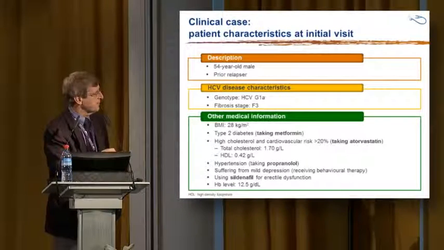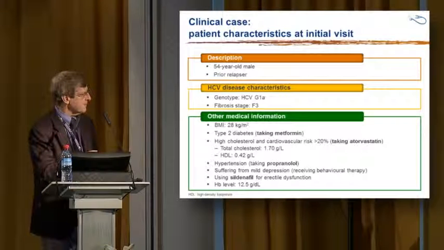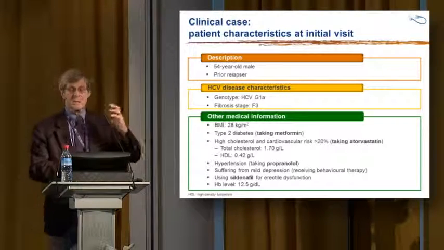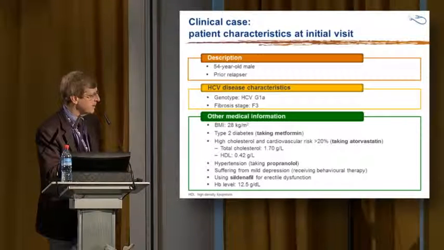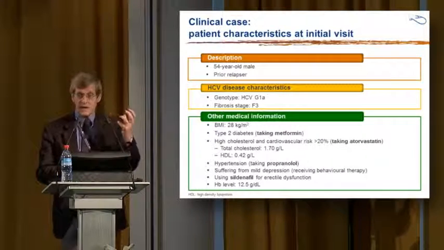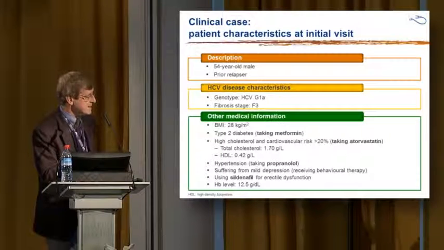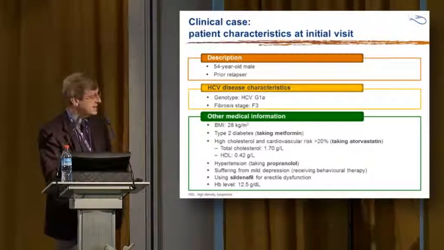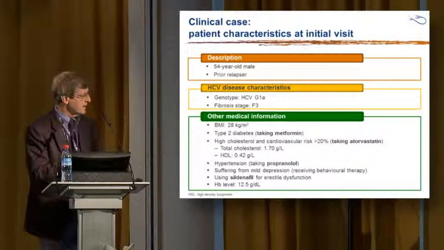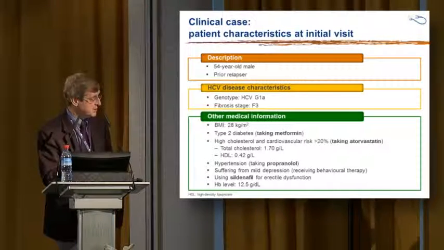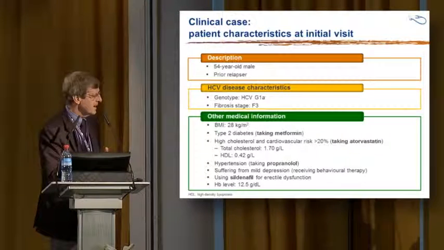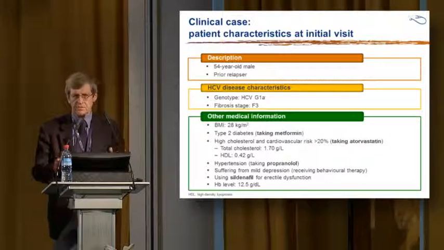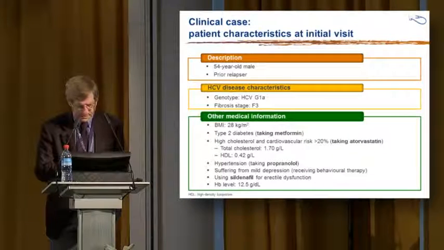So this is the 54-year-old male, with genotype and fibrosis stage, but the patient has type 2 diabetes and is taking metformin. The patient has a high cardiovascular risk and is taking a statin, has hypertension and is taking a beta blocker, is suffering from mild depression and at this stage is receiving behavioral therapy, and is using sildenafil (Viagra) for erectile dysfunction.